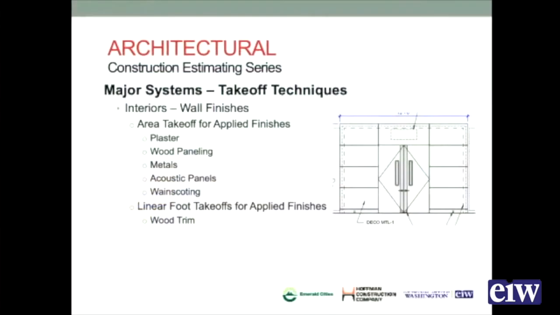So you can have plaster, wood paneling, or metal paneling, so decorative metal. You could have acoustic panels, which are not always going to cover the entire wall, but they may cover portions of the wall in a conference room or a classroom. They are there to absorb some of the noise and the general din of people talking, so that students can actually hear more of what's going on in the classroom.